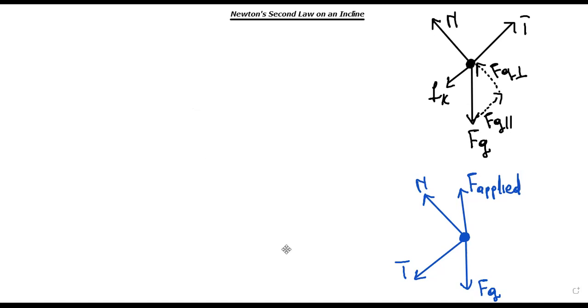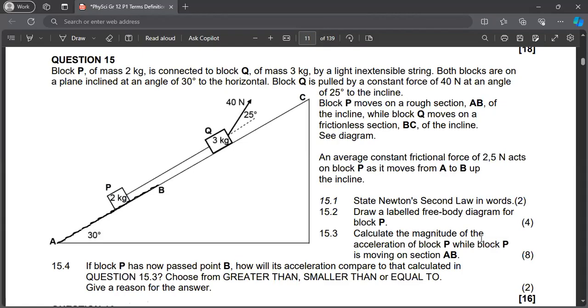So now we can go and actually do the calculations. So the question says, oh, I didn't show you the question. Yes, 15.3. Calculate the magnitude of the acceleration of block P while block P is moving on section AB. So by now we understand that the two blocks are connected. So we are actually calculating the acceleration of the whole system.